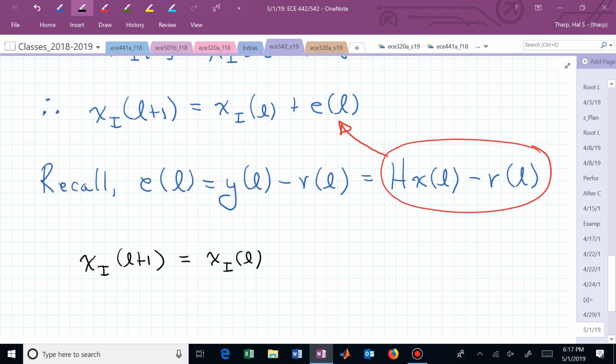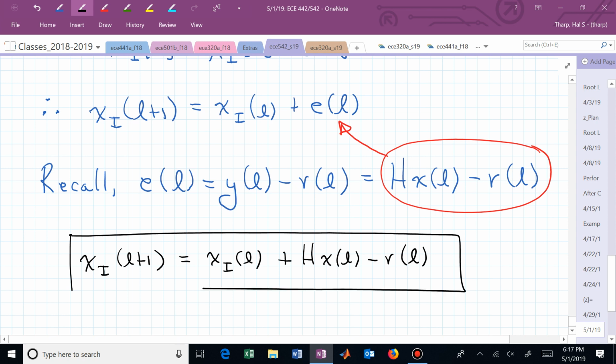What we are adding is Hx of L minus R of L, where that is just our E of L, and this is what I would call the integral dynamics.